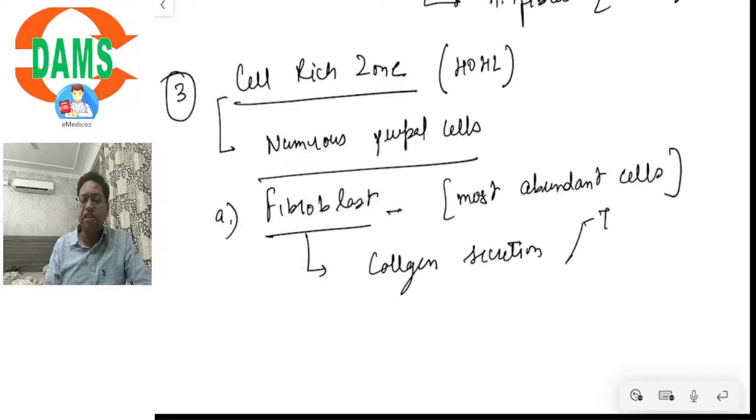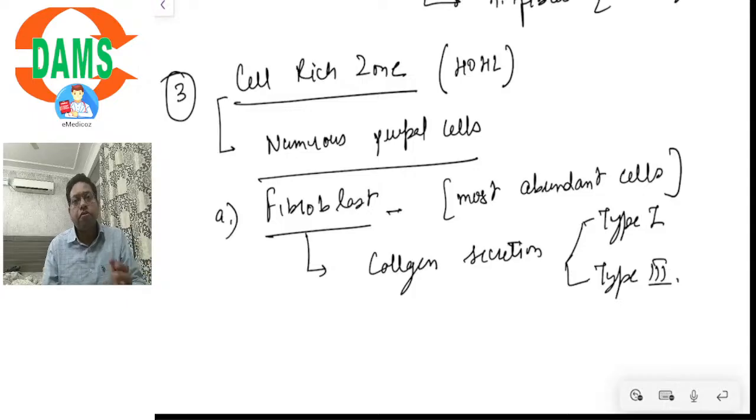What type of collagen is secreted by fibroblast? Both type 1 and type 3 collagen are secreted by fibroblast. So if I talk about odontoblast, it is secreting principally type 1 collagen with traces of type 5 collagen. And fibroblast is secreting type 1 and type 3 collagens, which form up the organic component of dentine.